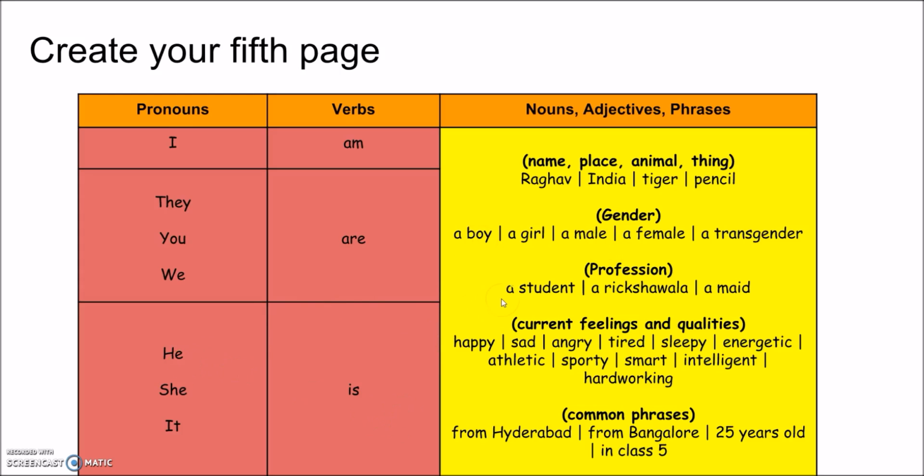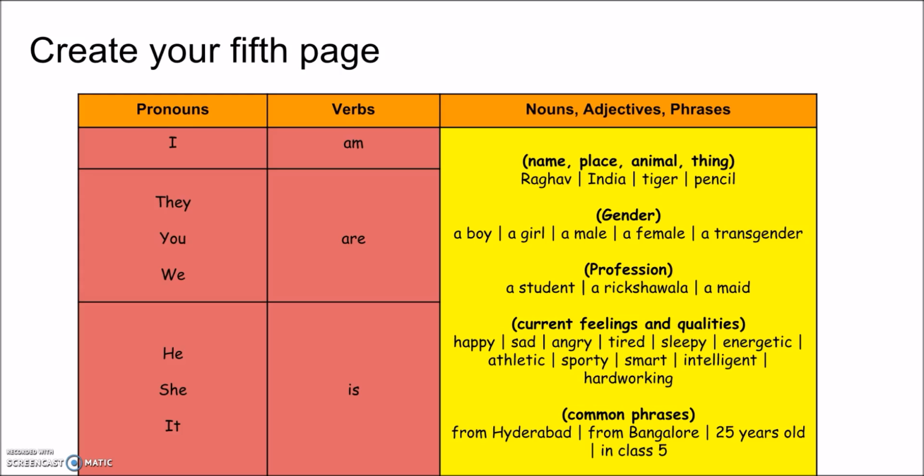Then his friend is a student, so he could say he is a student. And then his friend is tired at the moment, so he would say he is tired. Then similarly, the friend is from, let's say, Bangalore. So he would say he is from Bangalore. So through this table, there are an infinite number of sentences that you can make based on your requirement. So this table has a lot of potential.